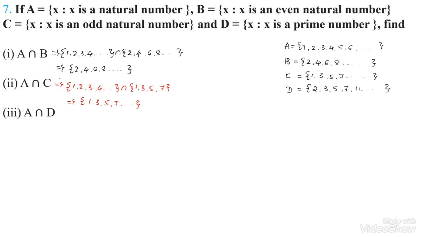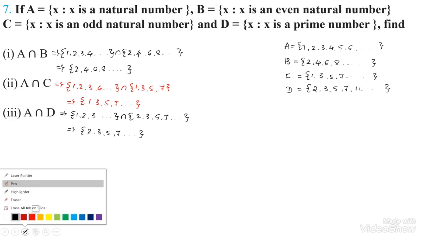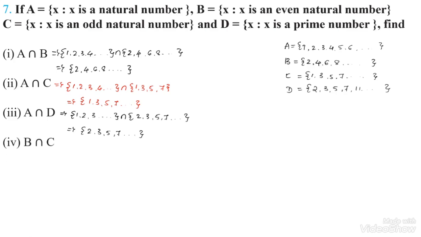Question number 3, that is A intersection D. That is the set containing 1, 2, 3 and so on, intersection D: 2, 3, 5, 7 and so on. Their intersection should be 2, 3, 5, 7 and so on.